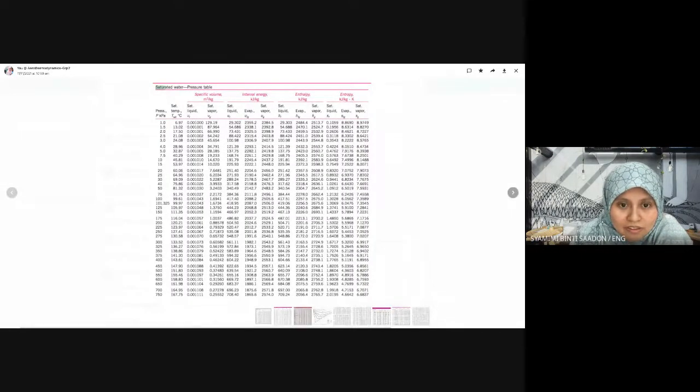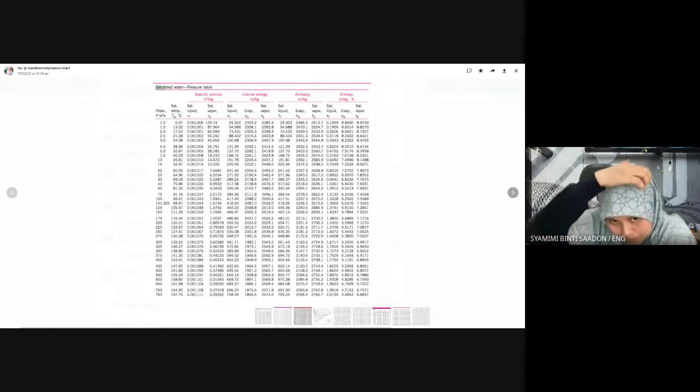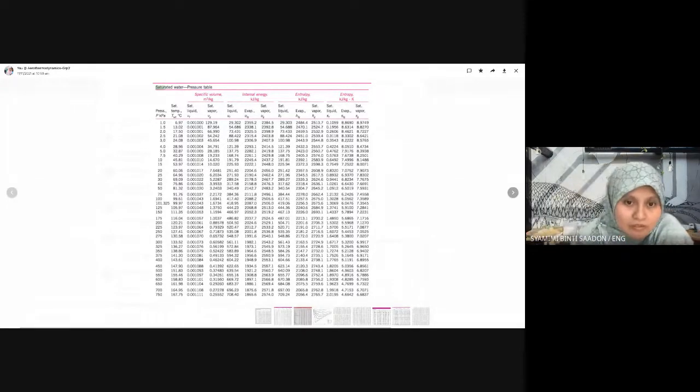Understand? Look at the line for 15 kilopascal, saturated water, which is a mixture of liquid and vapor. So how do we locate this?